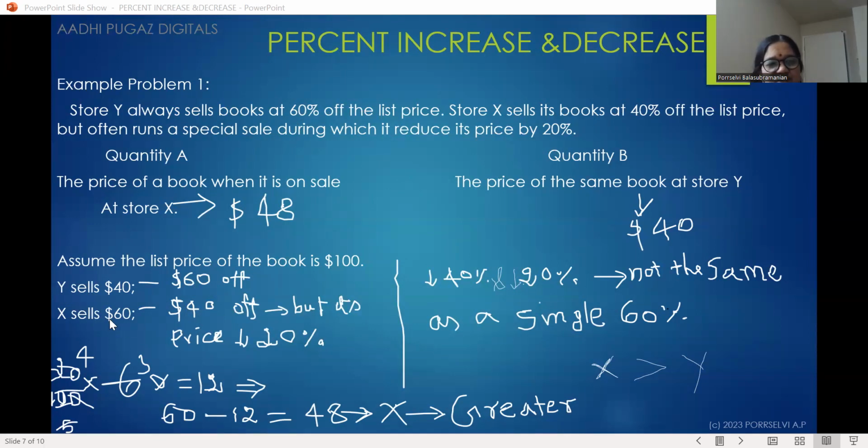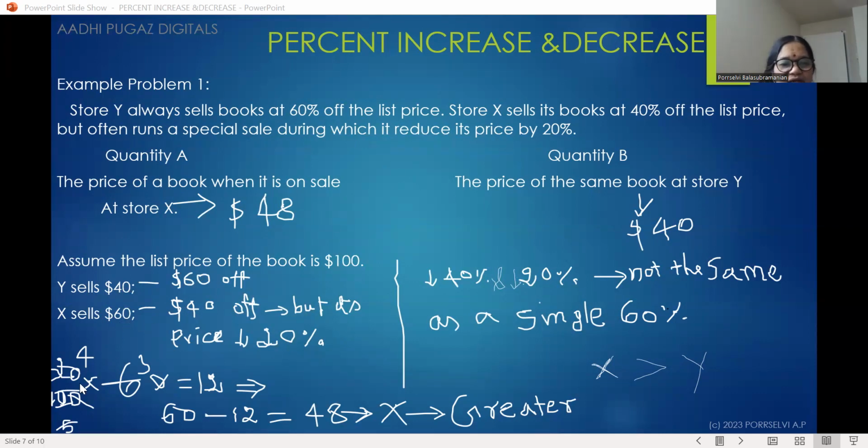So X sells $60, but again in a special sale it's giving 20% off of this $60.